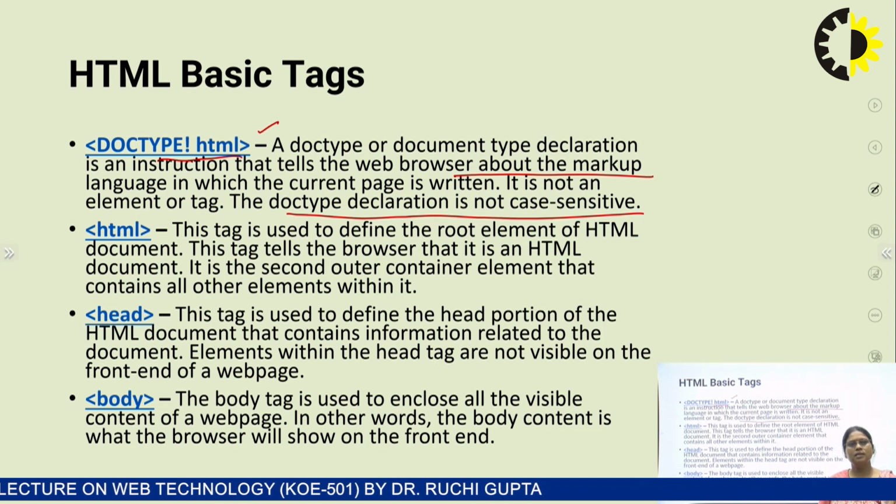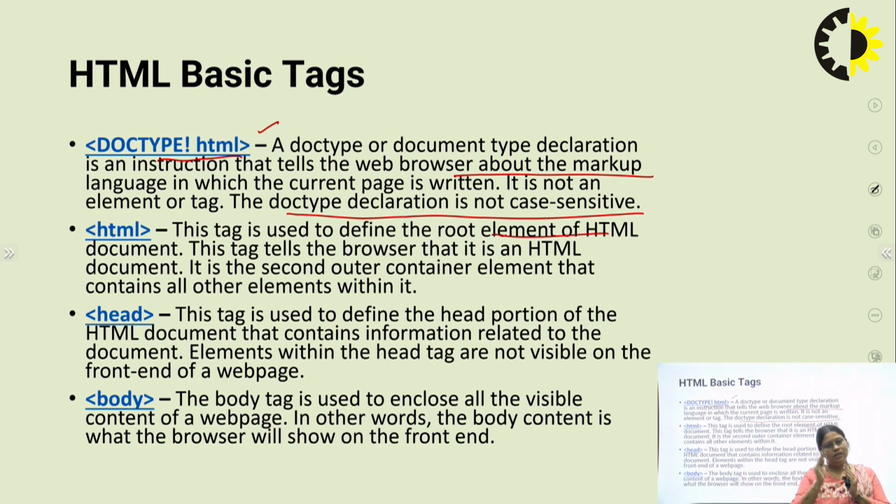Now the next tag is HTML, because we have to work on this HTML tag. The HTML tag is used to define the root element. Once we start the HTML document, it starts with the doctype HTML, then the next tag will be HTML. It is the root element of your HTML file, so we always start with this HTML tag.